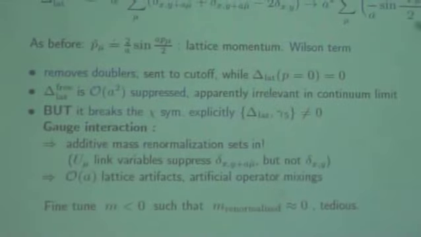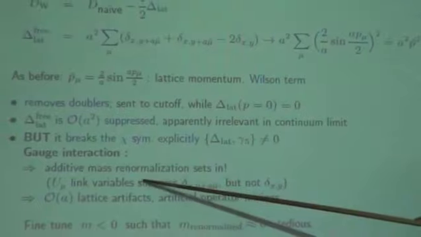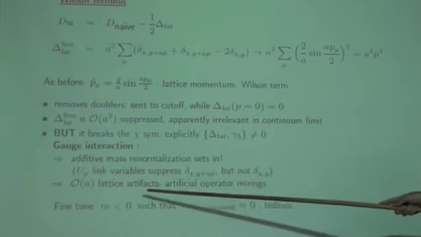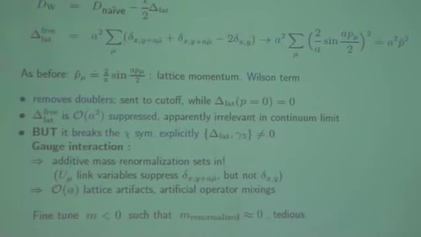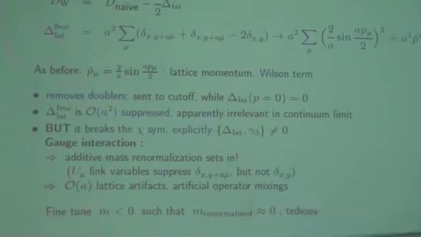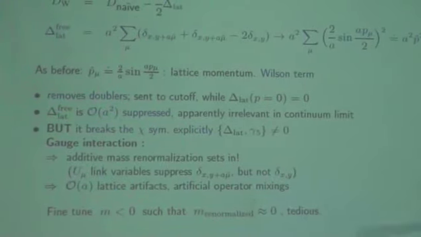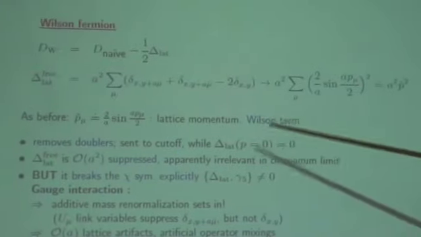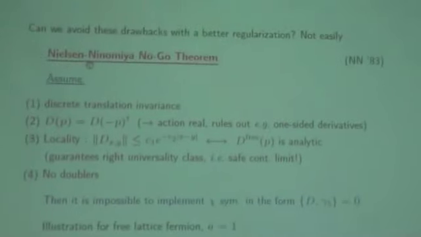And also here you think that the lattice artifacts are of order a squared, but due to this effect here, once you have gauge interactions, they are all of order a. So that makes also the artifacts worse than before. So these are the disadvantages of the Wilson formulation. Still, it has the advantage that it is very easy to implement in the code and it is user-friendly, so that's why it is still used.